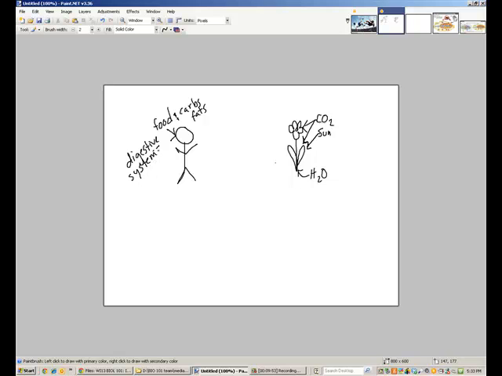So monosaccharides, and fatty acids. Okay, over here, what we have is CO2, sunlight, and water.